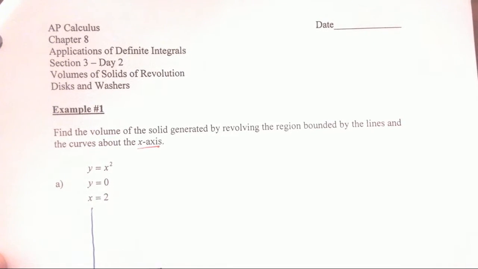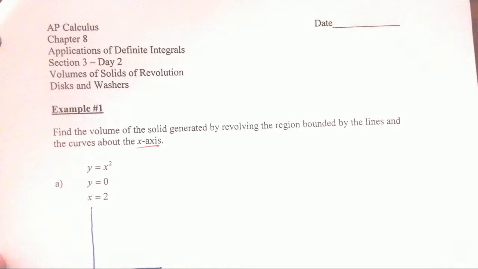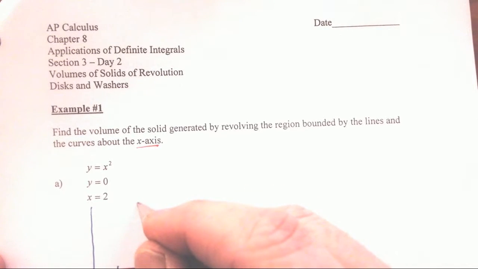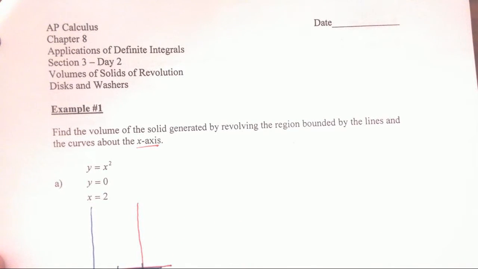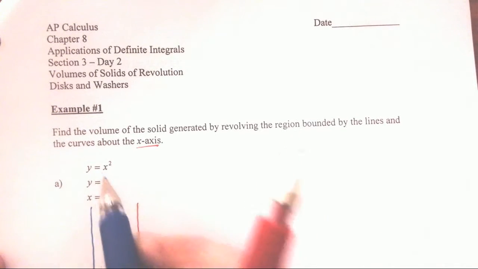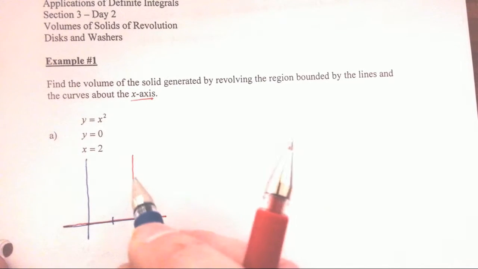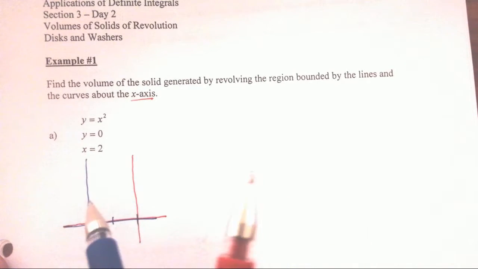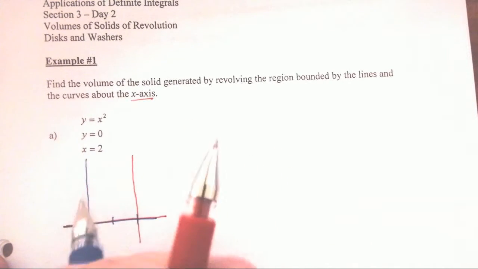I am bounded by y is 0, this one. I'm bounded by x is 2, this one. And I'm bounded by y equals x squared, so that's just our typical old parabola. By the time I get over to x is 2, I'd be up at 4.